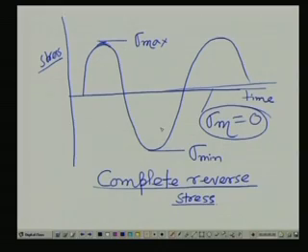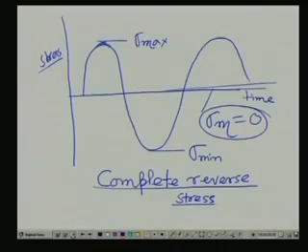However, there are various other types of stresses that we also come across. Before coming to that, let us be clear on one thing: the basic concept is that if you have a mean stress line, then there is a stress amplitude over that.